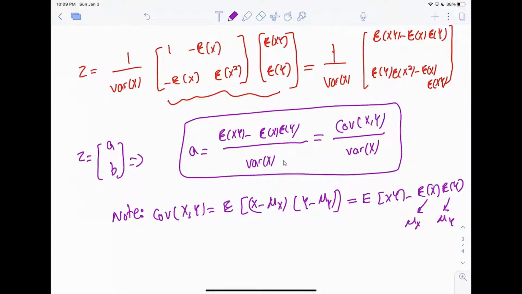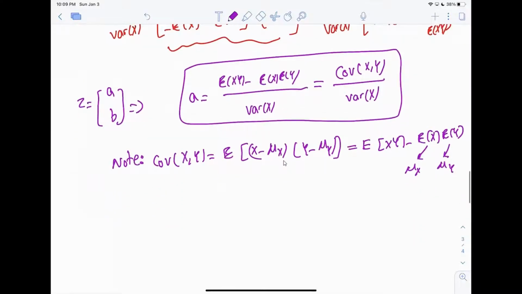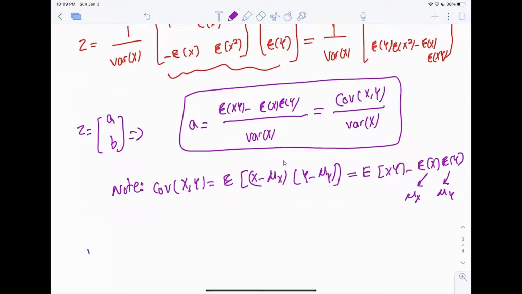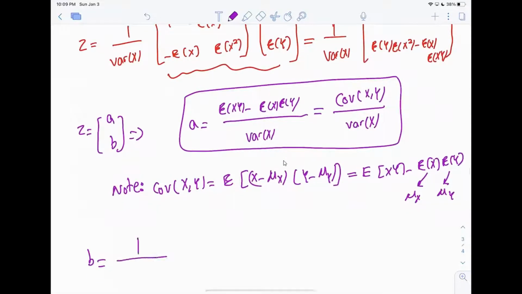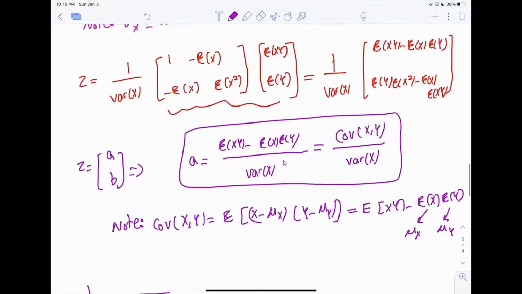What about b? A has a very nice form. Good. But what about b? What is b? B is equal to 1 over variance of x, right? But what is the numerator?